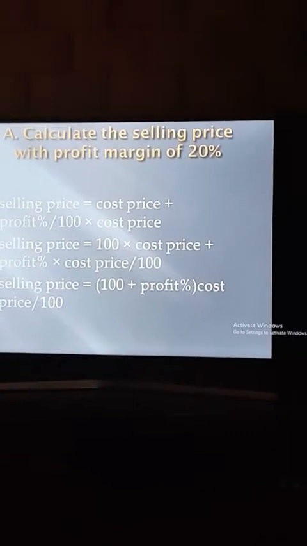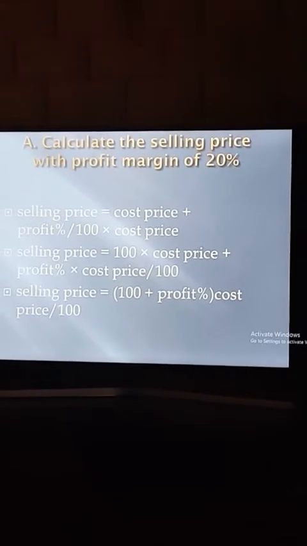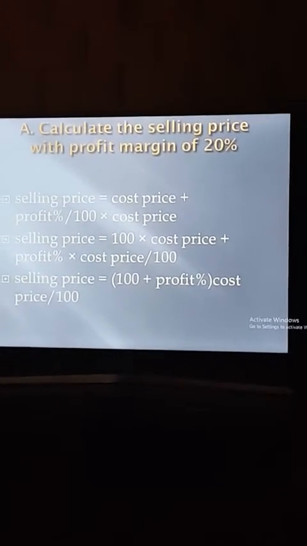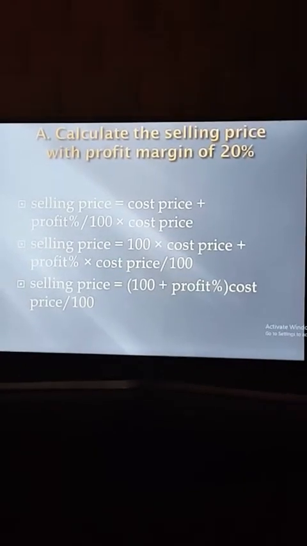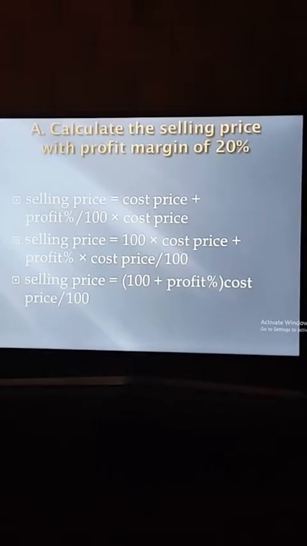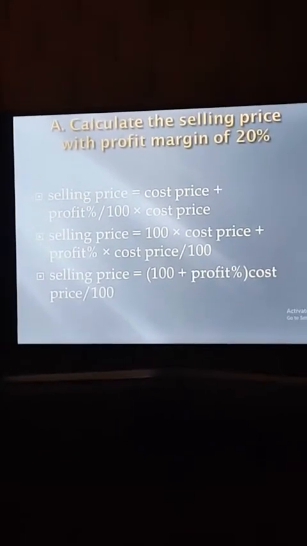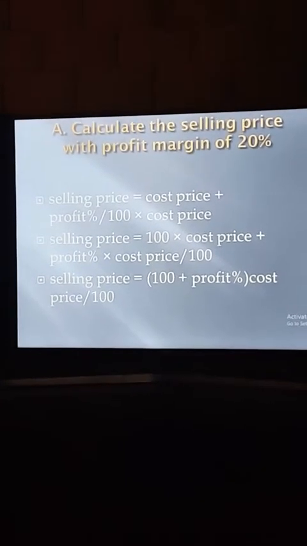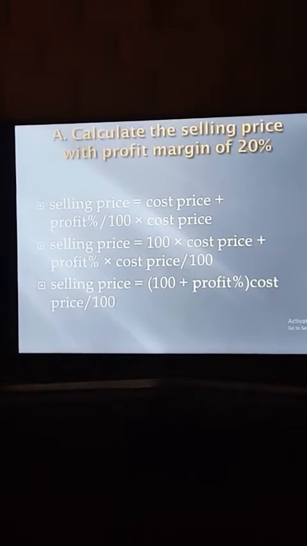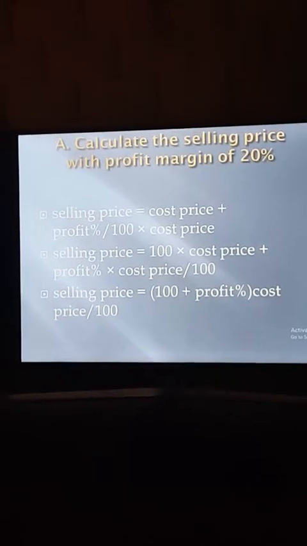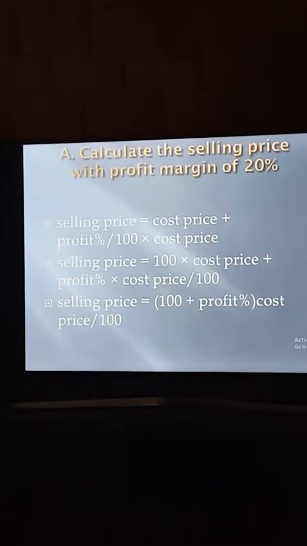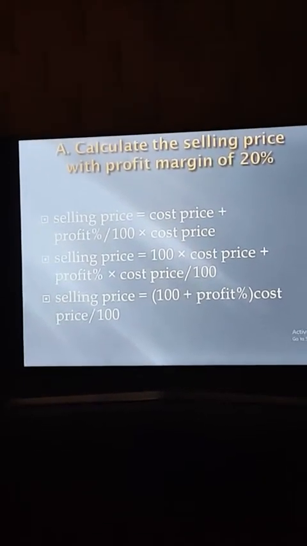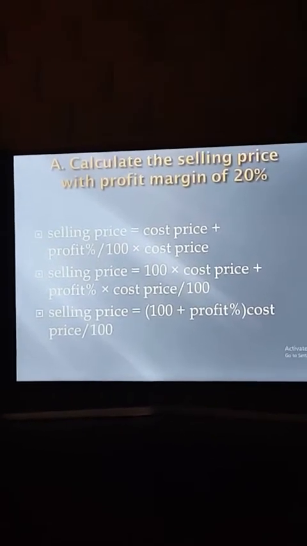To find the selling price, we have to look at the formula of how we get to selling price, which is selling price equals cost price plus profit margin over 100 times cost price.